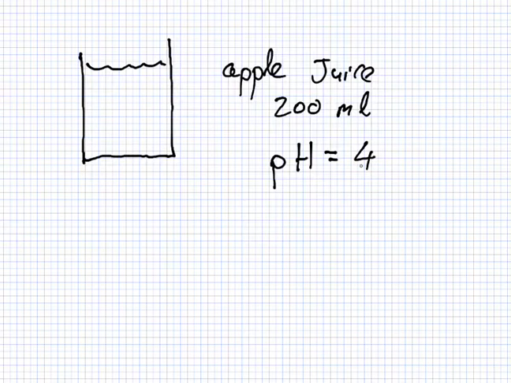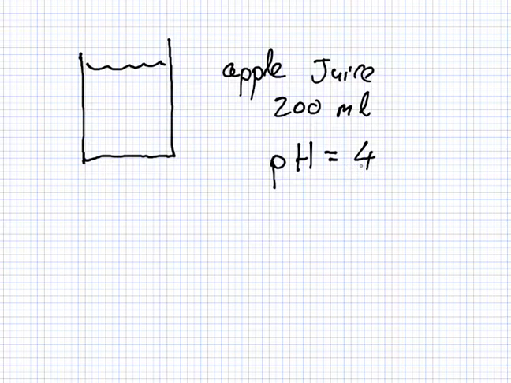Now if you don't know what pH is, that's okay. It's not really important. It's only if the chemistry students have seen it. Have you seen pH? Yeah. Do you know the formula for pH? No?